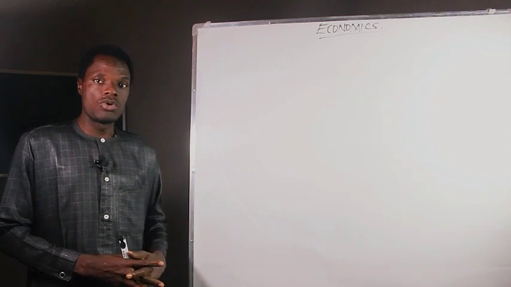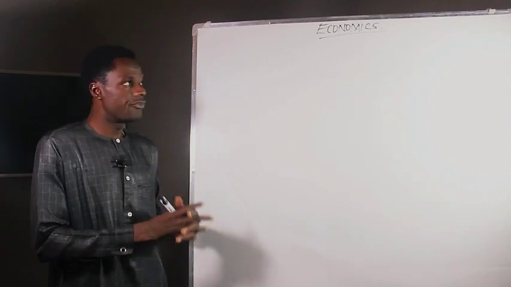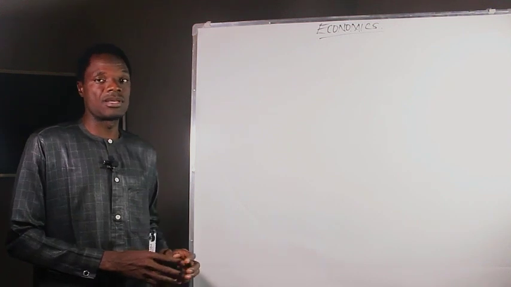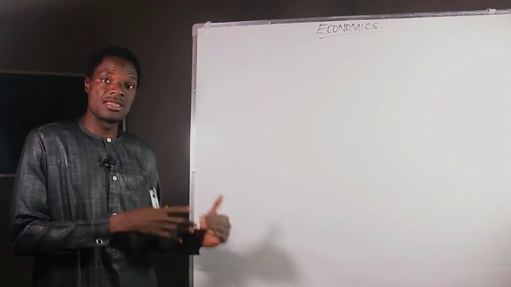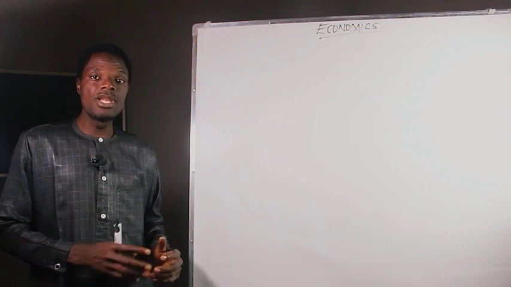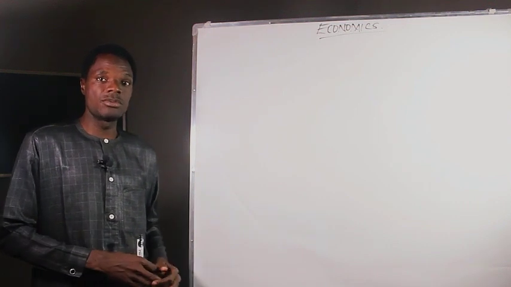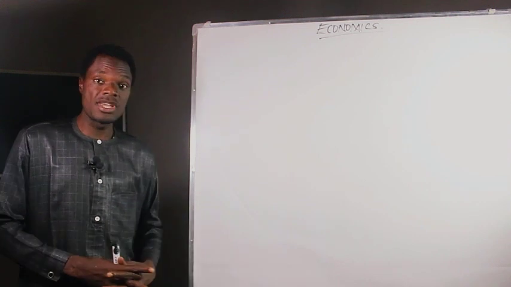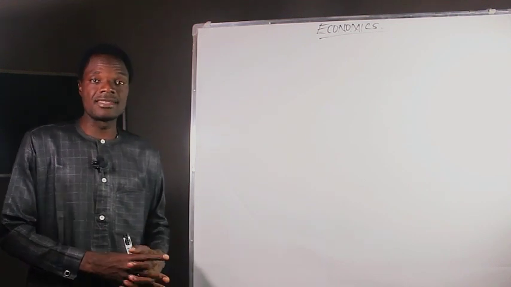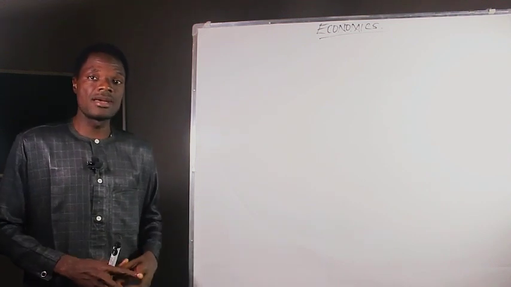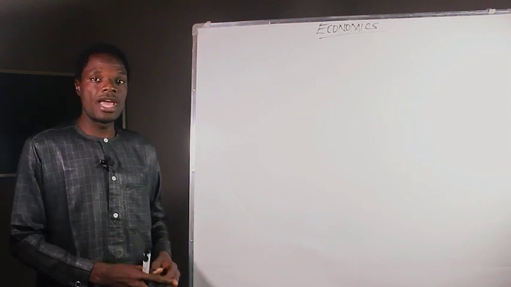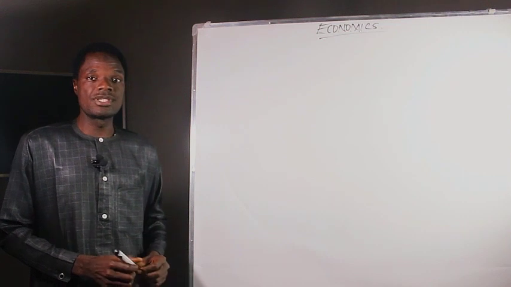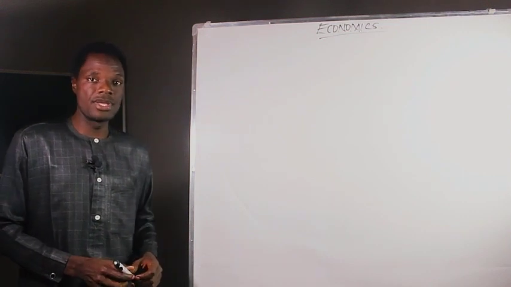Apart from table, we also have frequency table, which has similarities with the normal table because it contains columns and rows. But the only difference in terms of frequency table is that it represents individual items of the observation and the frequencies, that is the number of appearances of each item of the observation. Today, we are going to see another tool that we use to describe the behavior of human beings.